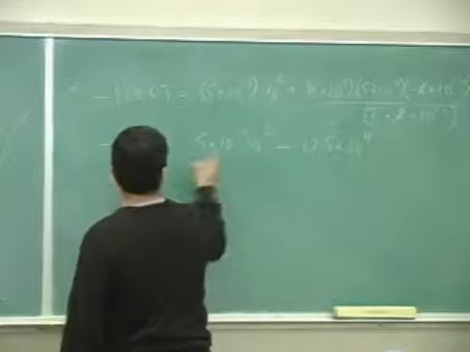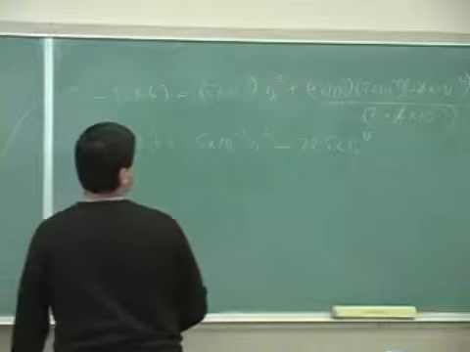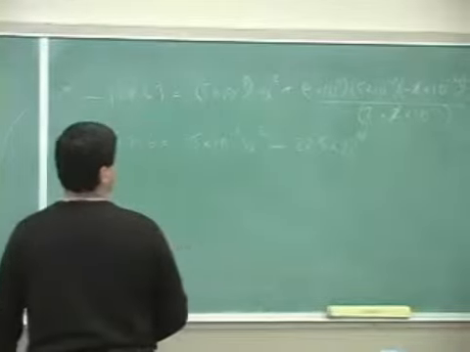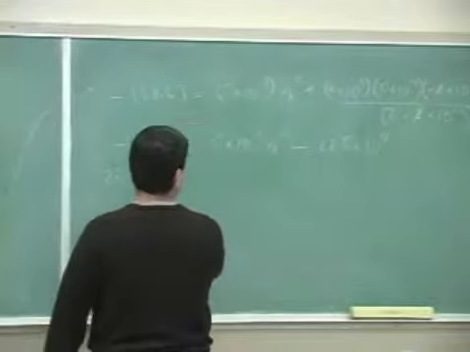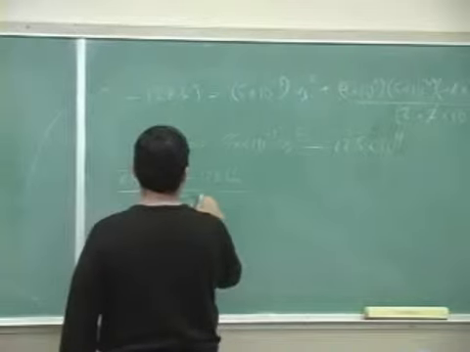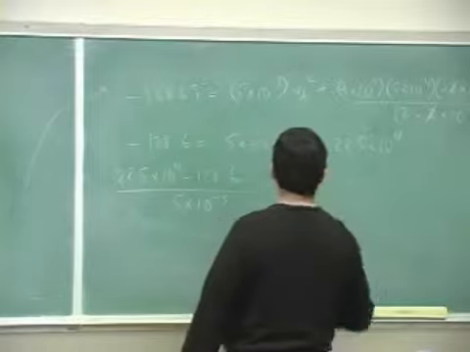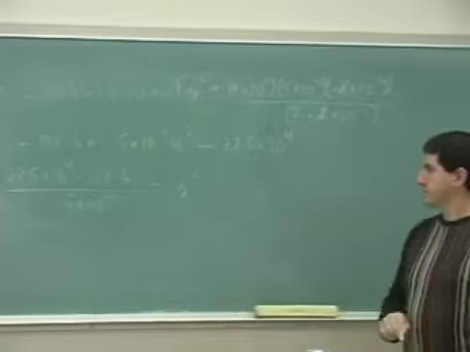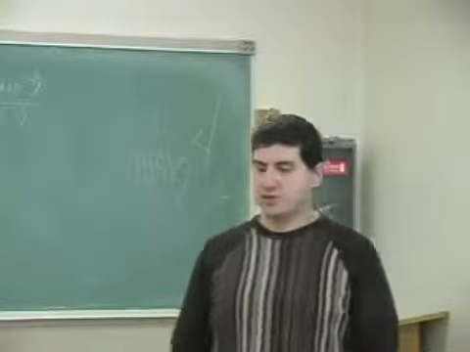And it becomes positive when you go over here. Divided by 5 times 10 to the minus 3. So now you just put that in and then take the square root of it.